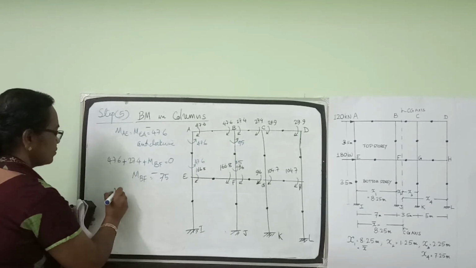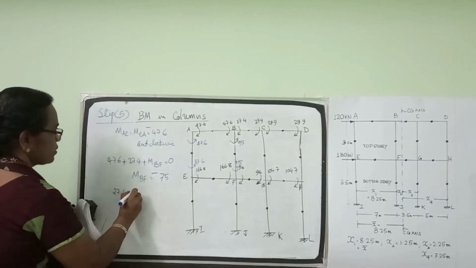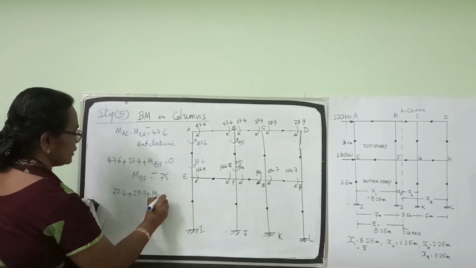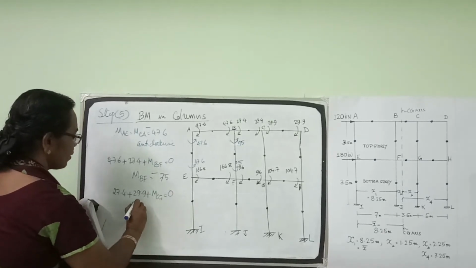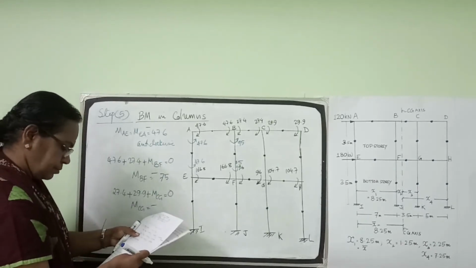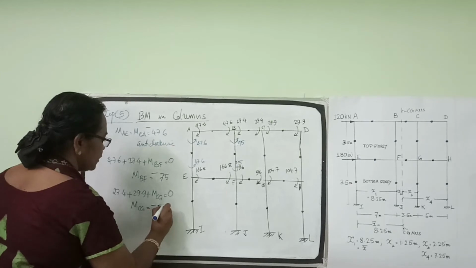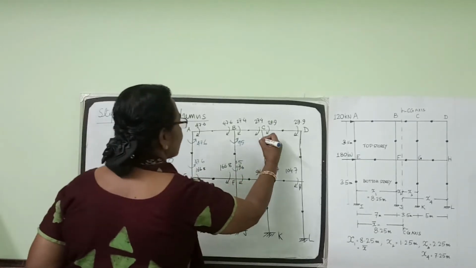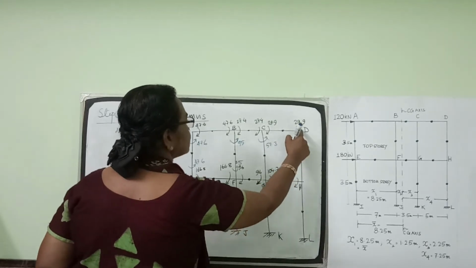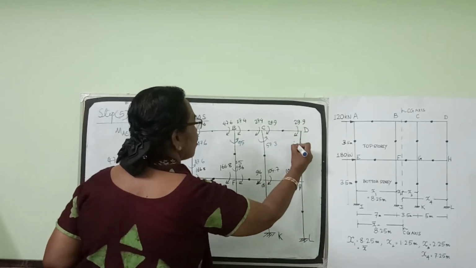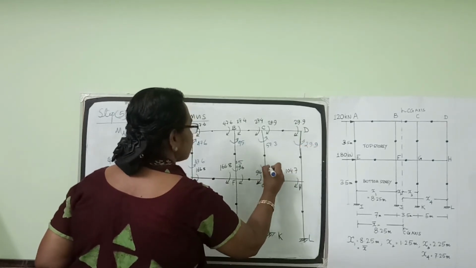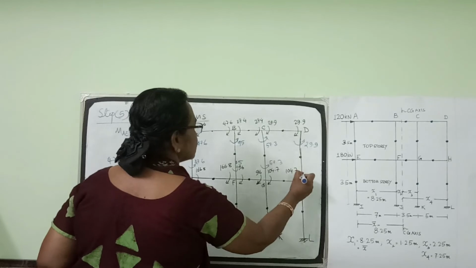So 27.4 plus 29.9 plus moment in column CG should be equal to 0. From that we get moment in column CG is minus 57.3. So this column moment is 57.3. Coming to this, 29.9 clockwise, so it is anti-clockwise 29.9. Both ends, the same value. In this end also 29.9.